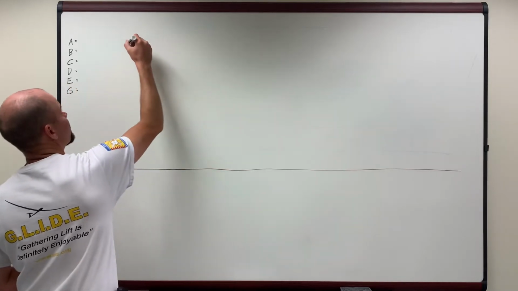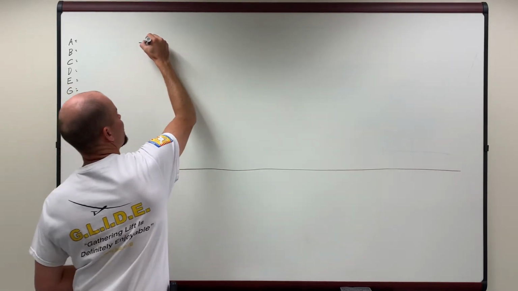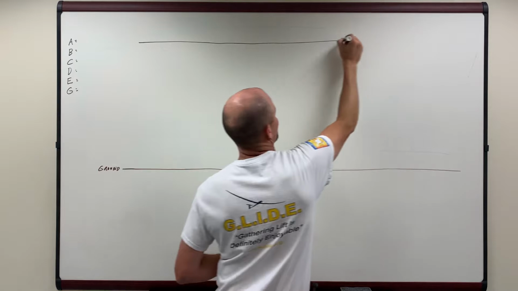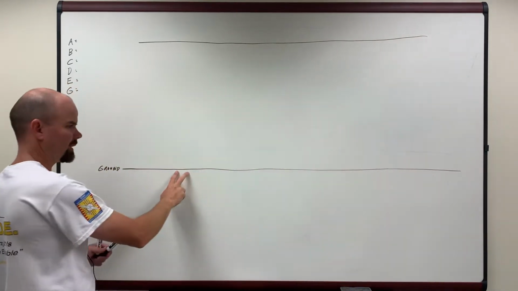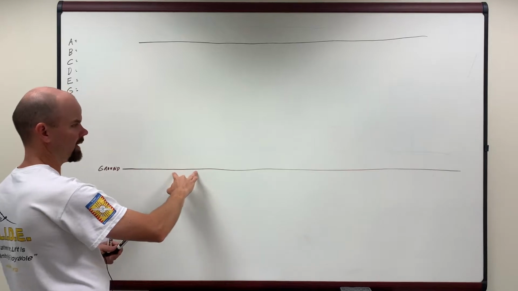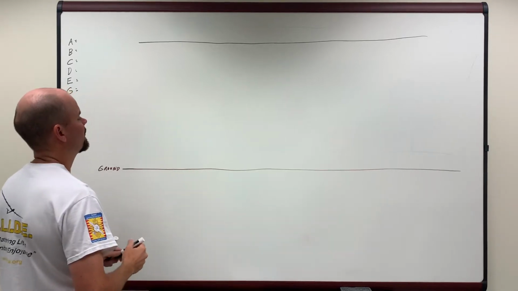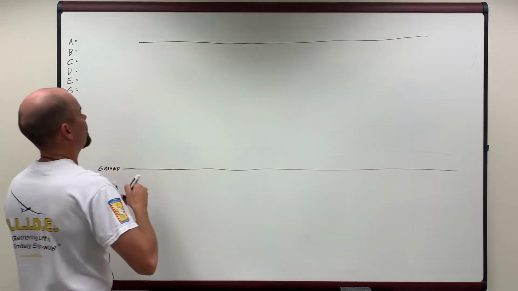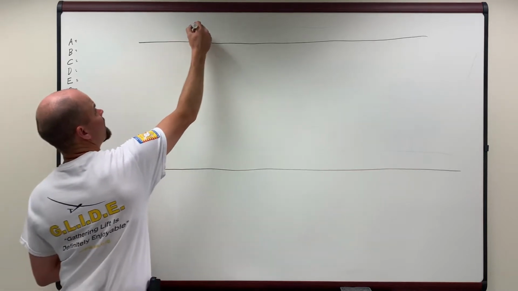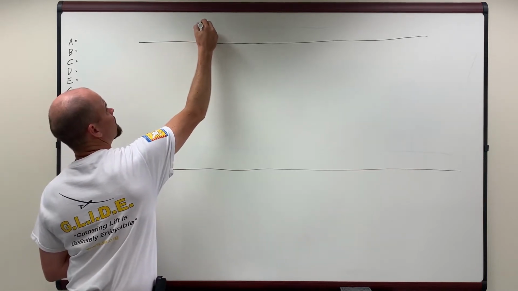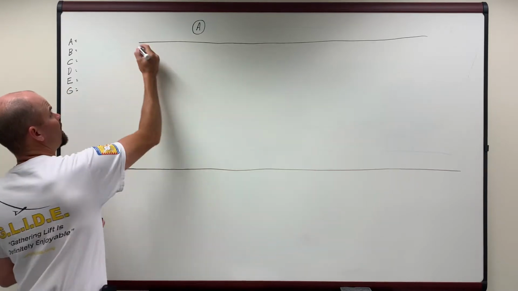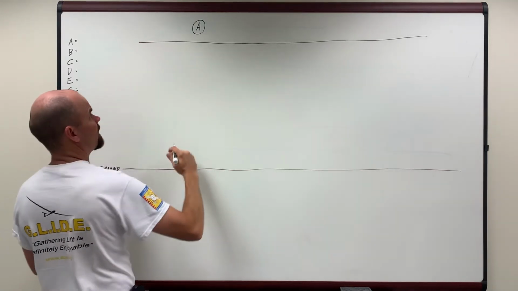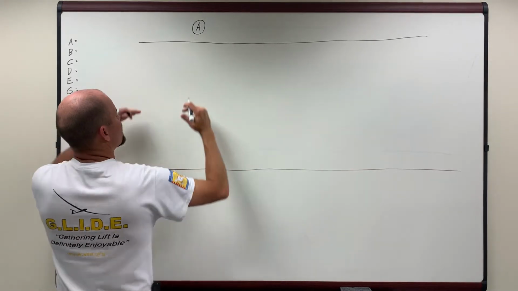Easiest one is way up here, and it runs across the whole sky. All right, ground level. This is not sea level. This is just the ground. So up here we have Class Alpha airspace. This airspace starts not from the ground, but from sea level.